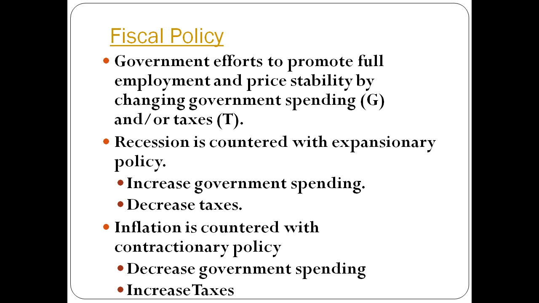Now let's move on to our second problem. Inflation is going to be countered with a contractionary policy. In a contractionary policy, you're going to decrease government spending and increase taxes. If the government is decreasing the amount that it's spending but bringing in more in taxes, this is going to lead to a budget surplus.